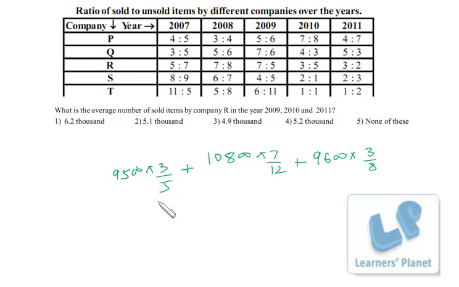So to find the average we have to divide this calculation by 3, right? So what I do is I eliminate 3 from all these numbers, right? Now we just have to find this addition. 1900, 300 into 7, 2100, 1200. So this is 4000 and 5200, right? So 5.2 thousand. Okay.